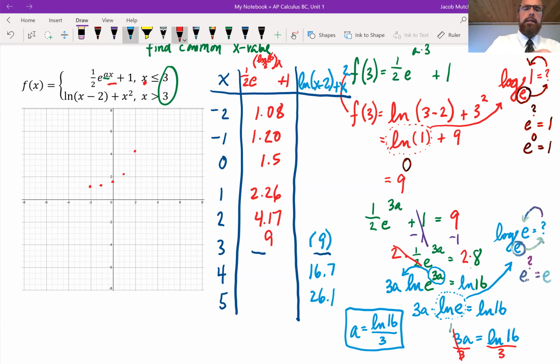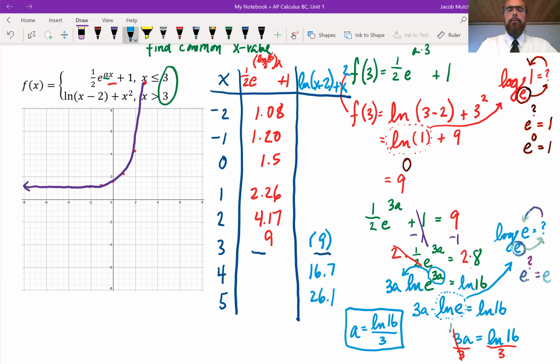Let's sketch that one in. So definitely a horizontal asymptote at 1. Left-hand side gets an arrow. Does the right-hand side get an arrow? No, it's a firm point because that's a restricted domain.